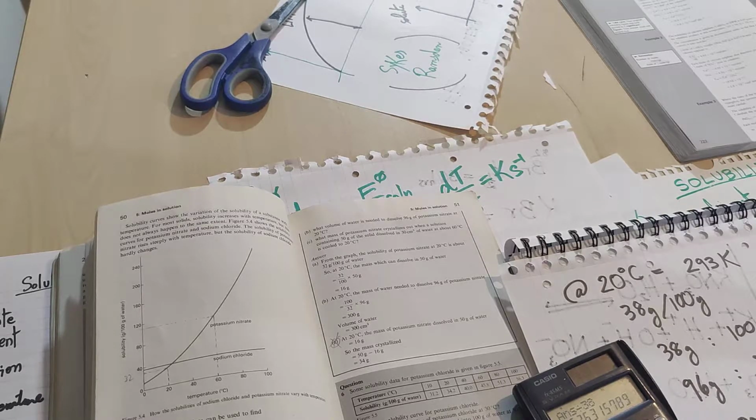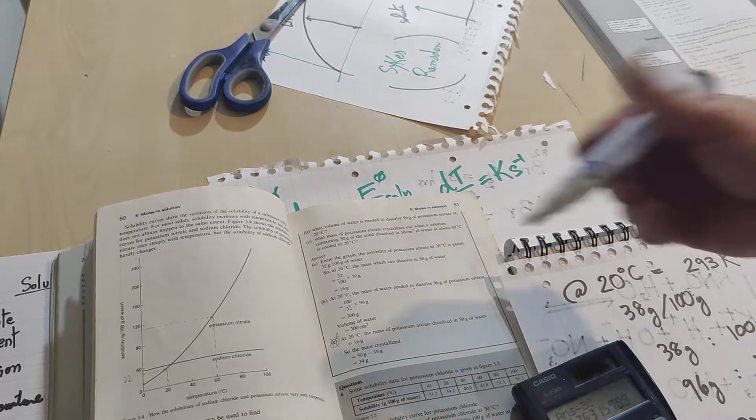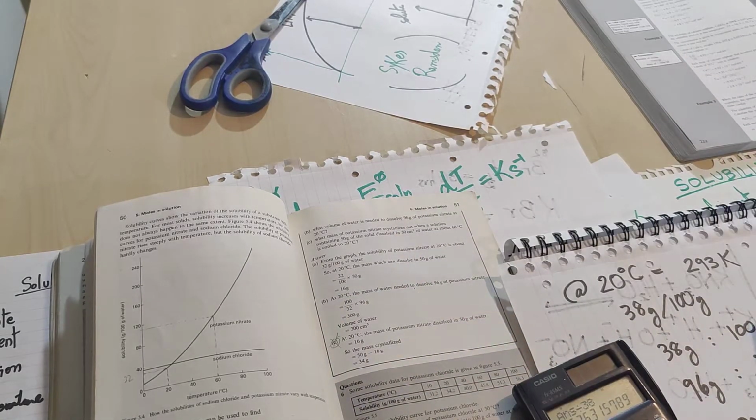Because in 100 grams it was 38, it'll be 19 in 50 grams, and so the mass crystallized would be 34 grams, which doesn't make any sense. It seems a bit non-intuitive, which is why I marked it, because it shouldn't come out as 34, which means all of it is coming out.